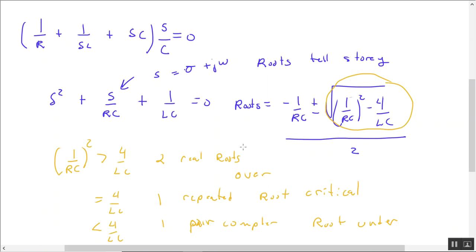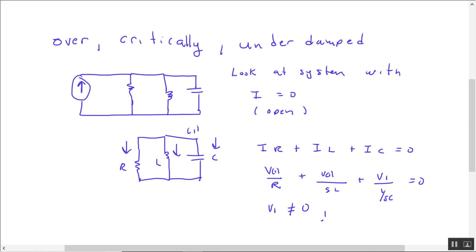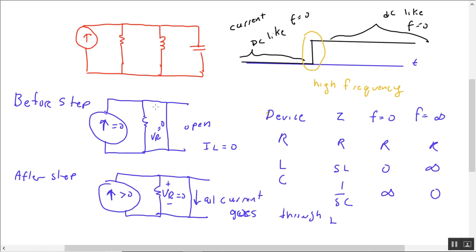But it's not going to tell, so if I come back to the first part, the current through the inductor is going to start at 0 and it's going to end at 0. But it's not 0 in between. If it's underdamped, it's going to oscillate before it settles to 0. If it's critically damped, it'll go up and come down faster than if it was underdamped.